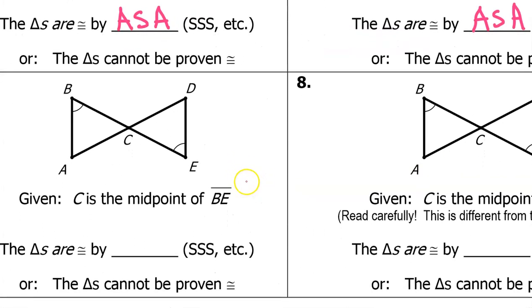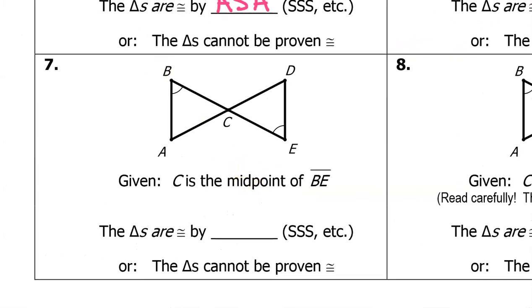Okay, look at problem number 7. Let's go ahead and mark the vertical angles as being congruent, like we did before. Now we have this additional piece of information. C is the midpoint of BE.